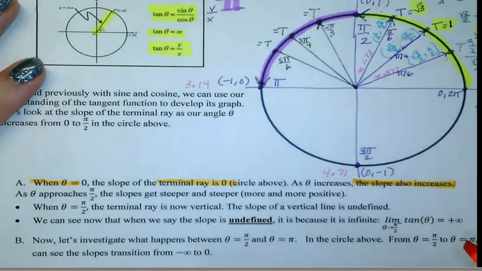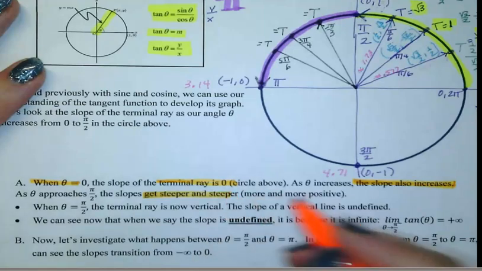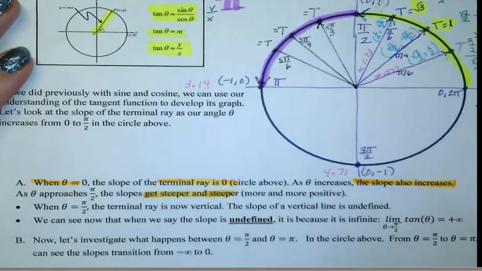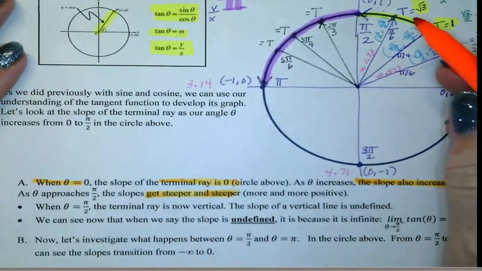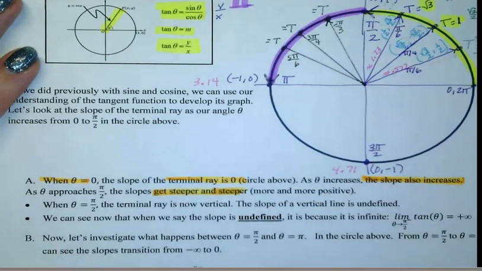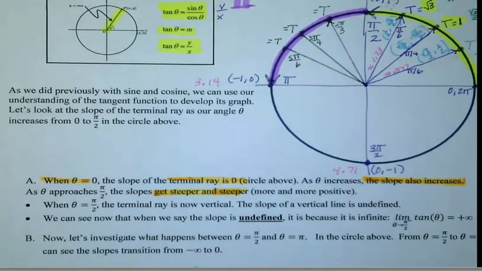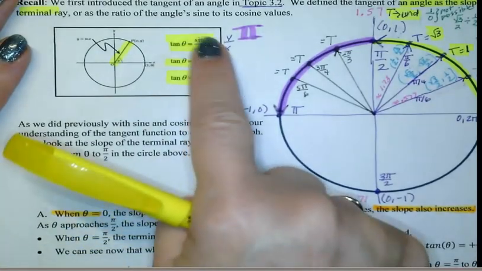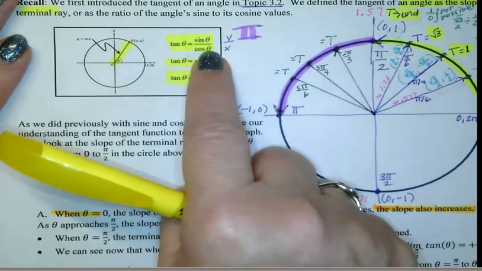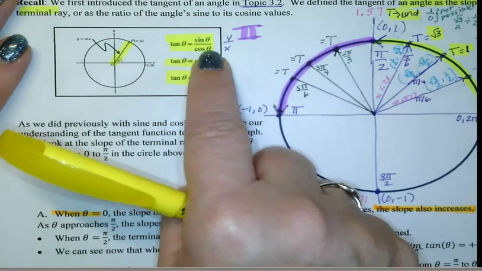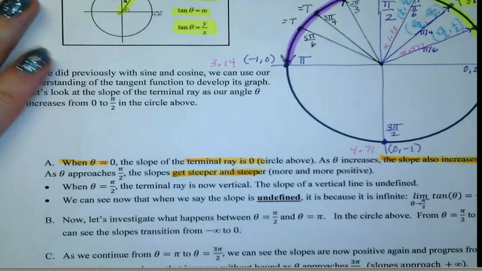And then when we get to pi over 2, the slopes are getting steeper and steeper and more positive, right? And then we get to theta at pi over 2, and we have a little bit of a problem, right? Because we said when we are doing this ratio of sine to cosine, anytime that cosine value would be 0, it's going to make it an impossible calculation to make.